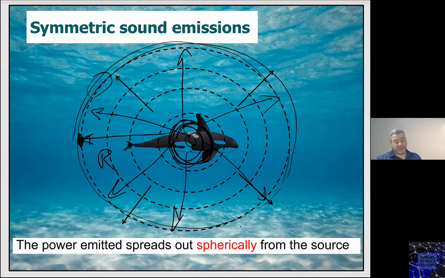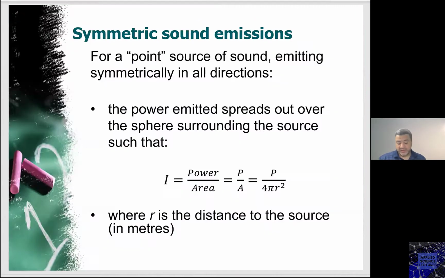So in this case, I will take the distance between the source and myself as the radius of that sphere. The intensity I is the power P divided by the area of that sphere, where R is the radius of that sphere, which is basically the distance between the point where I am recording that power and the source of that power. The unit for this radius is meter.